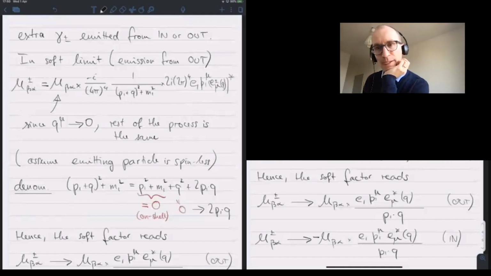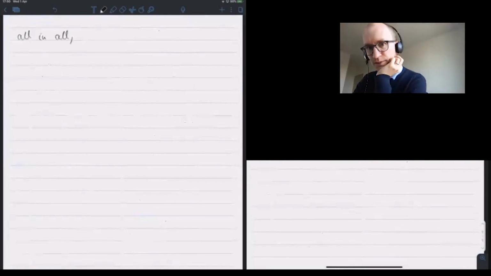But all in all, what we should do is sum over all possible emissions, since the emission can come from any line.